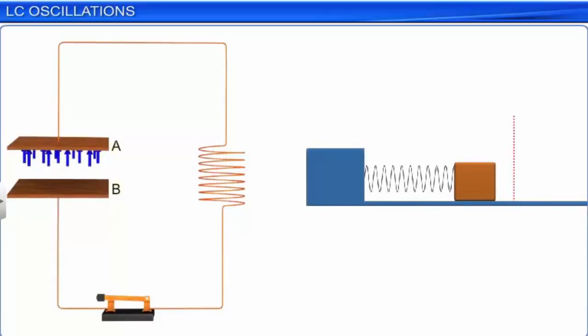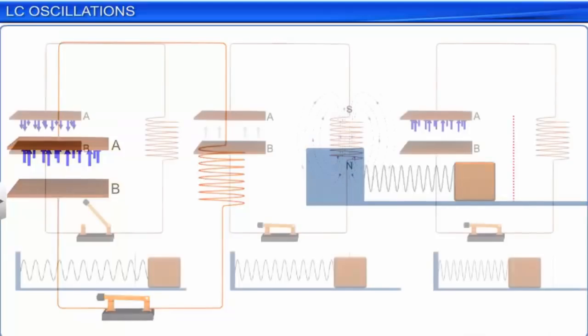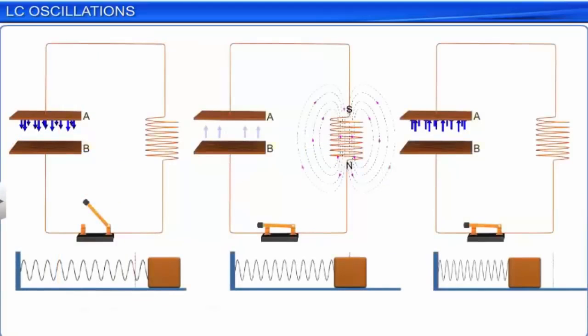In a similar manner, in LC oscillations, the energy oscillates between the electric field due to the capacitor and the magnetic field due to the inductor. These LC oscillations sustain infinitely if all the elements in the circuit are ideal in nature. That is, the inductor has zero resistance and the capacitor is characterized by a single constant value called capacitance.